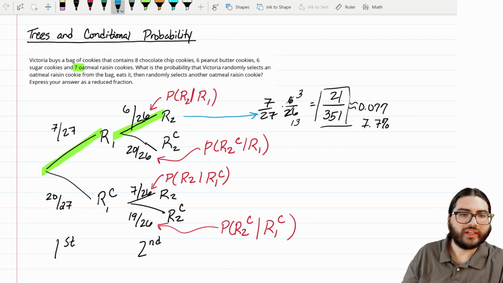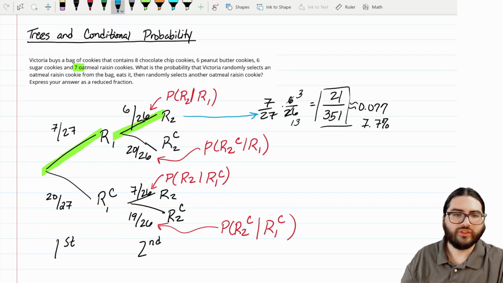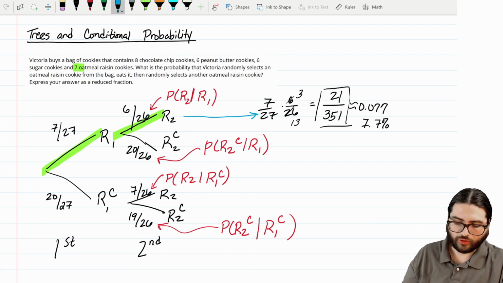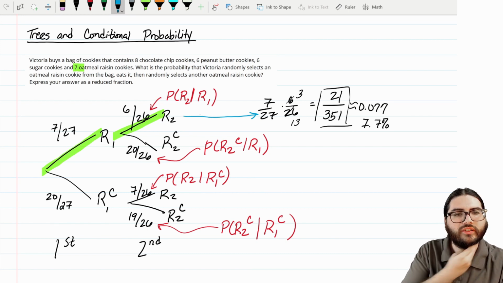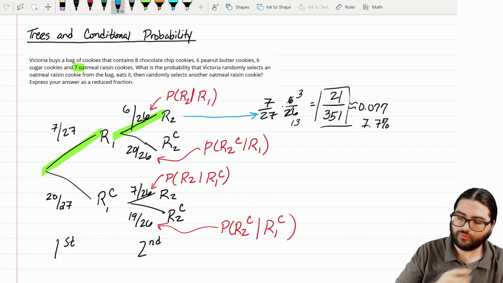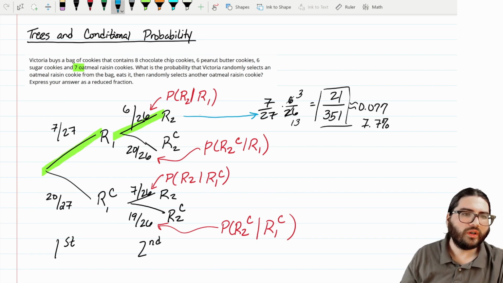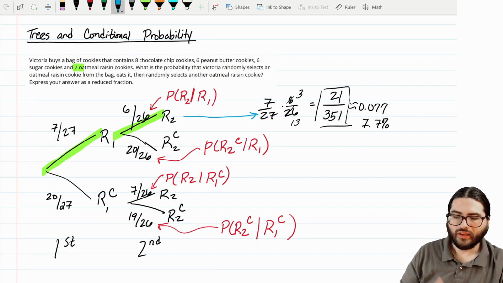Right? Starting from any node, tracing out all the possibilities, you will always get a 1. That's, again, the great part about conditional probability and probabilities in general. But I just did this one because the question only asked me about this one circumstance, or this one possibility.